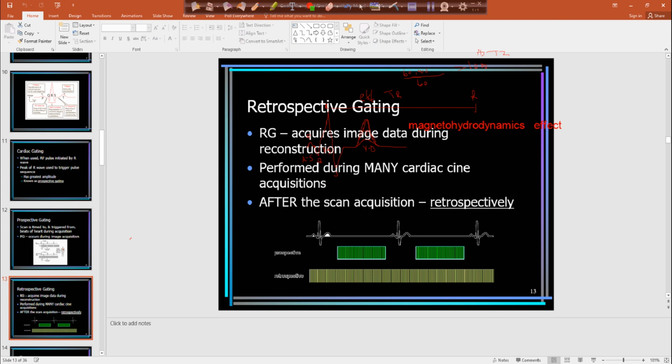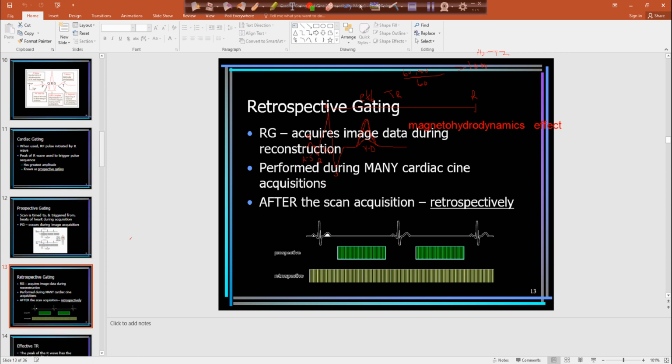So you're able to see that pathology a little bit better. I mean, you might be able to see the pathology when it's moving, if it's really big, but most of the time, retrospective is functionality. Functionality imaging. That's why sometimes they call it functional MRI. Functional cardiac imaging.